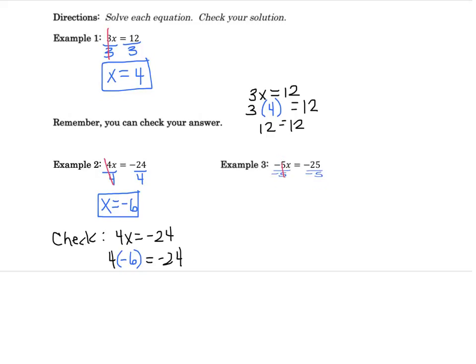Therefore, we're going to bring down our x value, bring down our equal sign, and we have a negative 25 divided by a negative 5. A negative divided by a negative gives us a positive, and 25 divided by 5 gives us 5. So that is your answer. Remember, you can always check if we substitute 5 for x. Is negative 5 times 5 equal negative 25? Yes, it does.